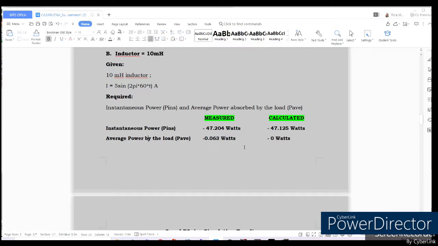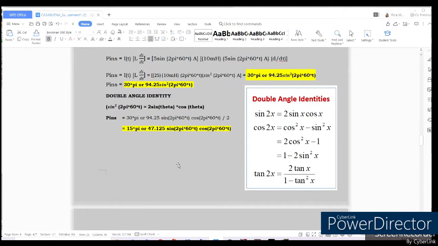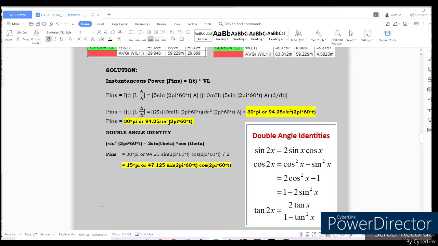The correctness of our measured values using PSpice: we will be comparing them to our calculated values, wherein our measured value for the instantaneous power is 47.204 watts in comparison to the 47.125 watts calculated using our power electronics lecture principles. Explaining the calculations for our instantaneous power: instantaneous power can be computed using this formula, I times the voltage across the inductor.